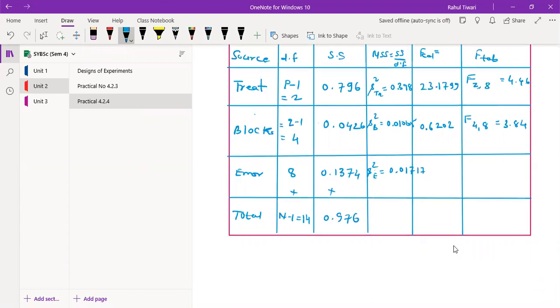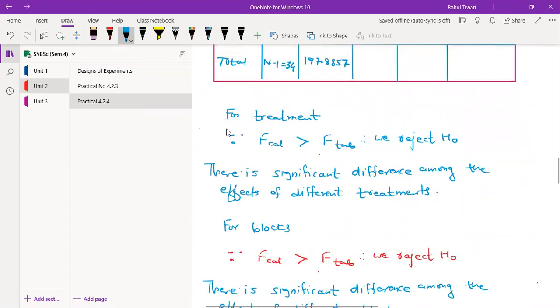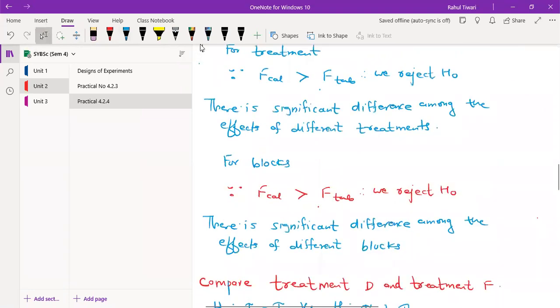Again, you need to follow the same rule, same concepts.